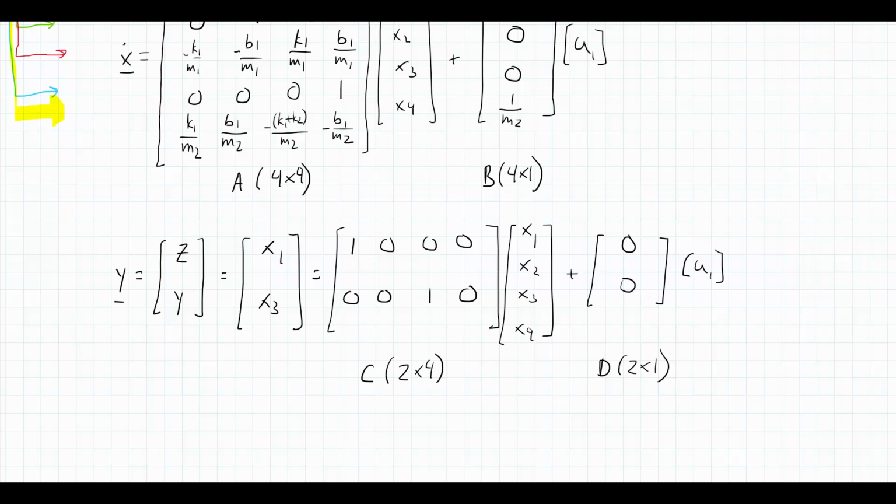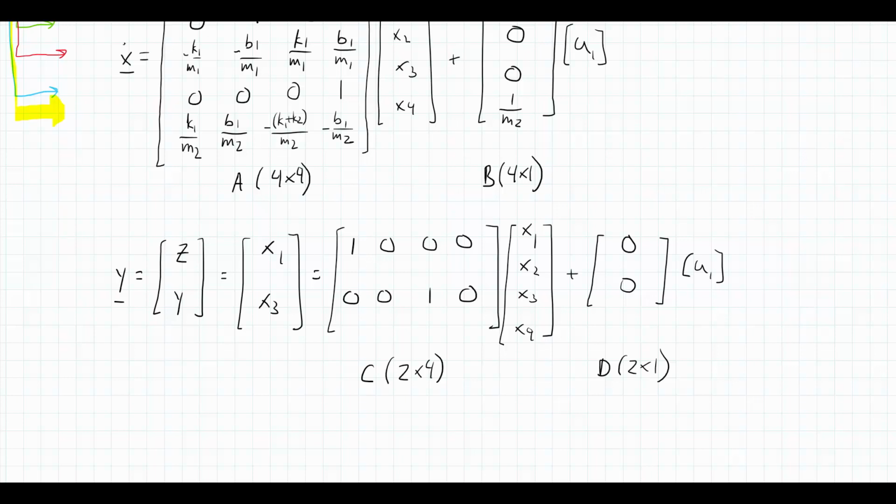And that's my complete C matrix and D matrix for my observability equation, because I was told in the problem that I was tracking Z and Y, or Y and Z. Order wouldn't really matter. Now, had I written Y and then Z here, I would have had X3 on top, X1 on the bottom. So my rows of C would have been flipped, and technically my rows of D would have been flipped as well, although in this case they're both 0.